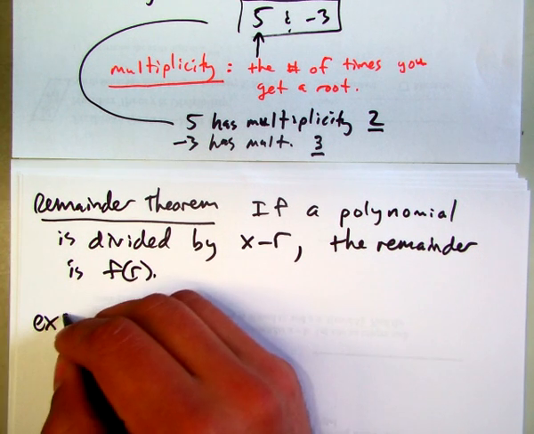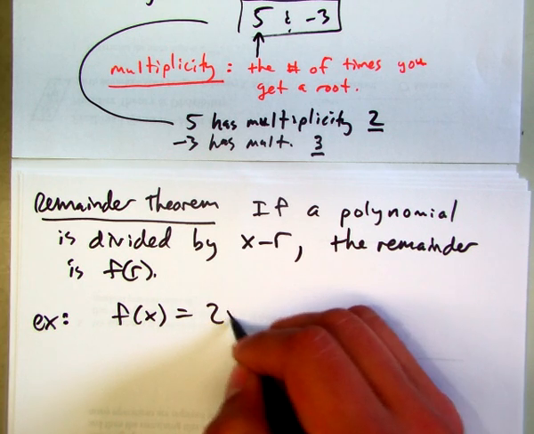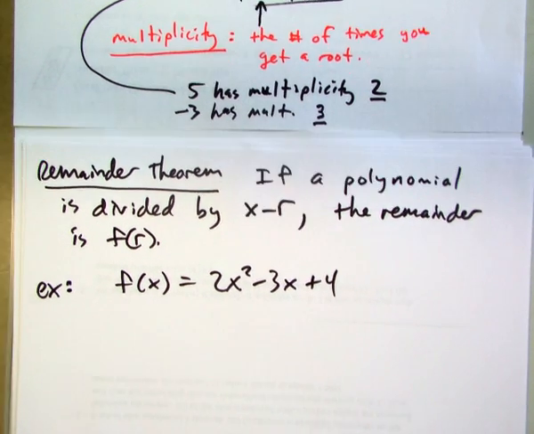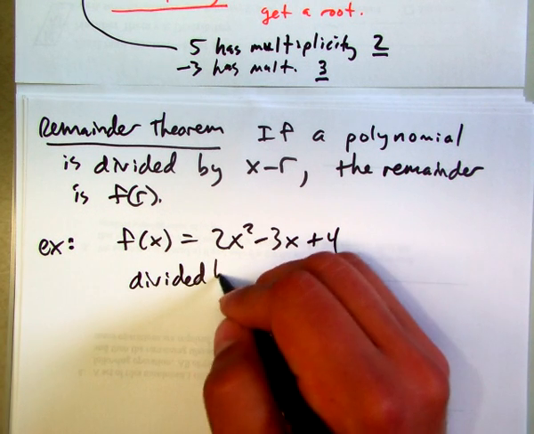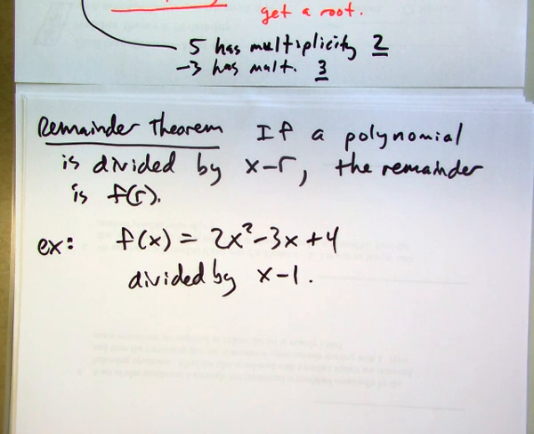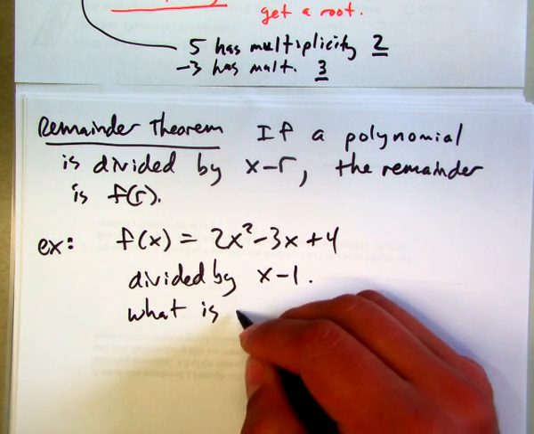So for example, if you have f of x equals 2x squared minus 3x plus 4, and let's say divided by x minus 1. And we don't care about the entire thing, we just want to know, is there a remainder, and if so, what is it? What could I do?